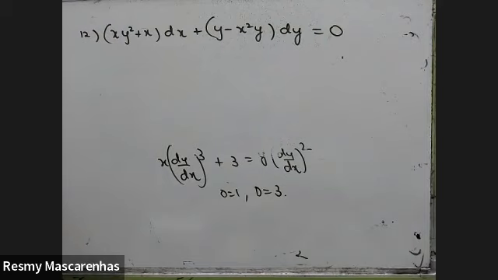So now it is not in the proper dy by dx form. dx is separate and dy is separate. What I'll do is I try to get it in the normal dy by dx form.